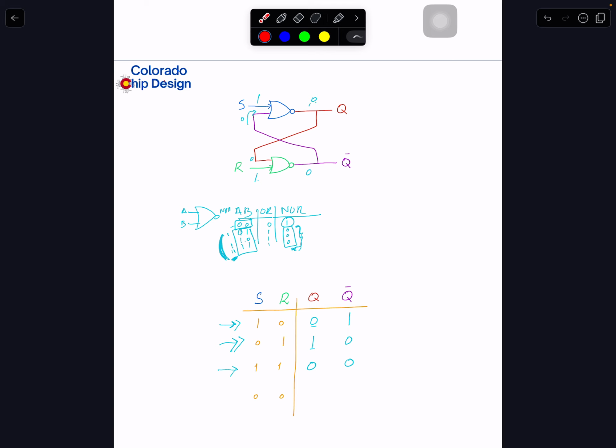The other way you can think of it, this would always be the inverse of it, but the way we are forcing each one to be 0, 0. Now this does have a challenge here, because you have a kind of redundant combination, because you can make Q a 0 like this, and we're typically interested in Q and Q bar complementing each other. Anyway, let's look into this piece, because this is a very interesting one.